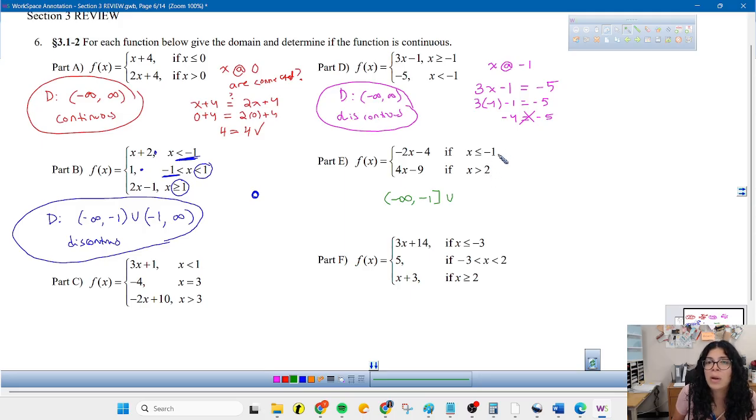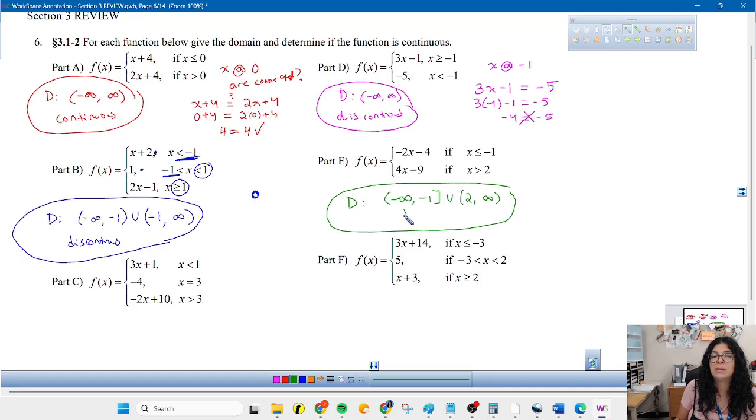Like, what do I do with the x value 0? There's nothing there, right? So there's stuff missing completely in between. The domain, I'm only going to use this graph from negative infinity to negative 1, and then from 2 to infinity. There's nothing anywhere else, so this is definitely discontinuous.